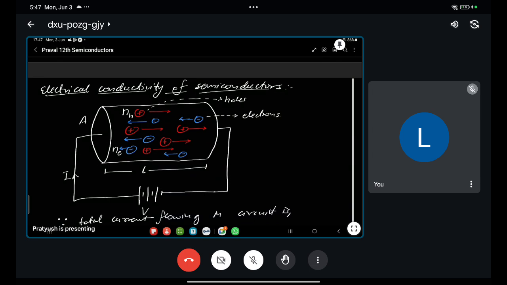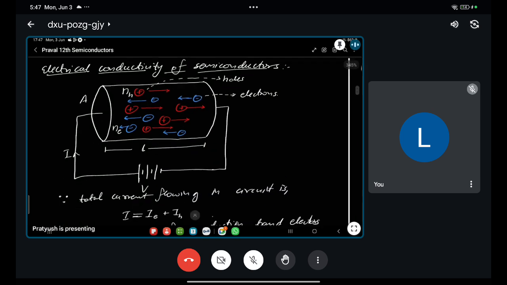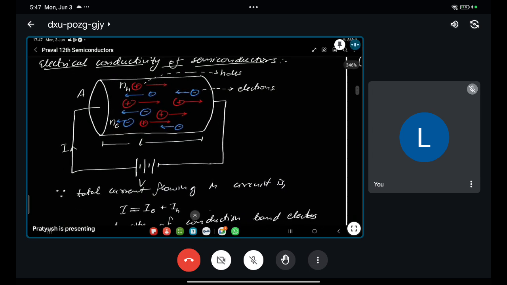Now what will be the total current flowing here? Total current will be hole current plus electron current. Sum of both the currents will be here, right?